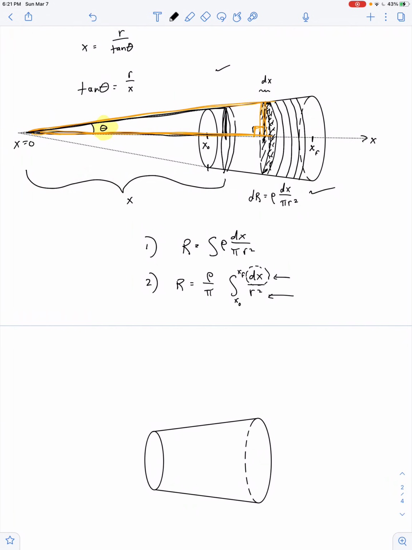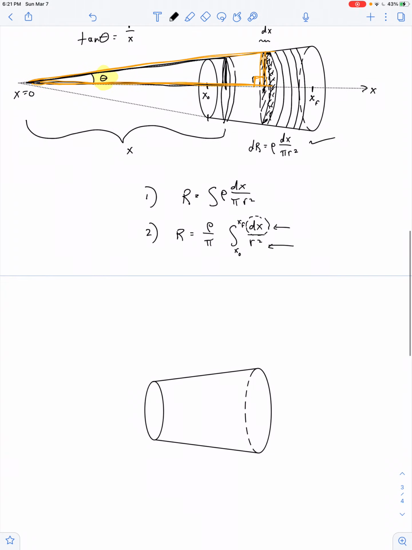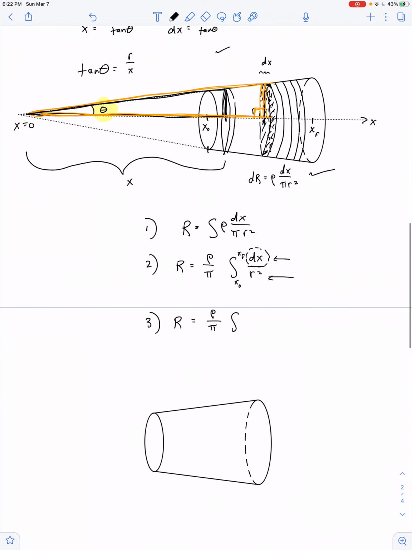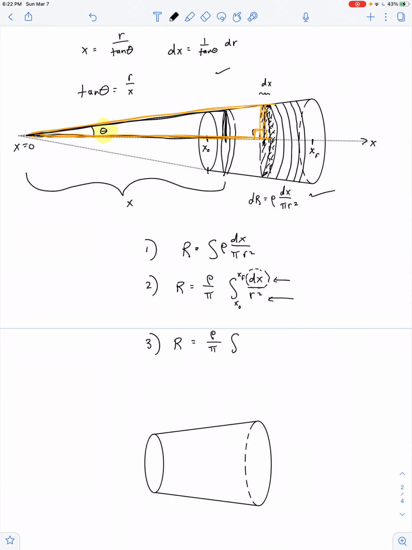So if we make a substitution, dx is just 1 over tan theta times dr. So our resistance is equal to rho divided by pi times the integral of 1 over tangent theta dr divided by r squared.